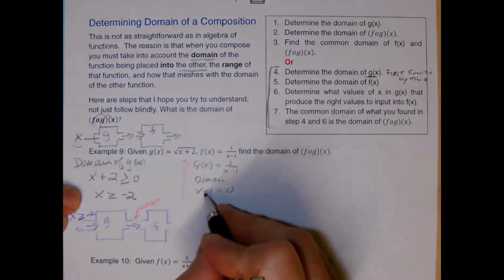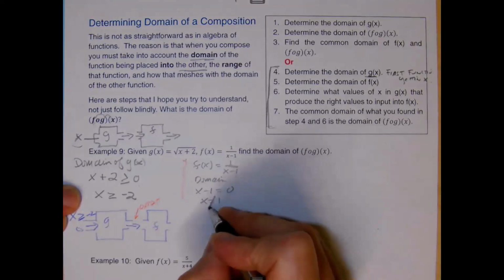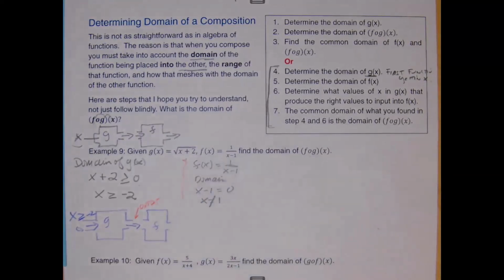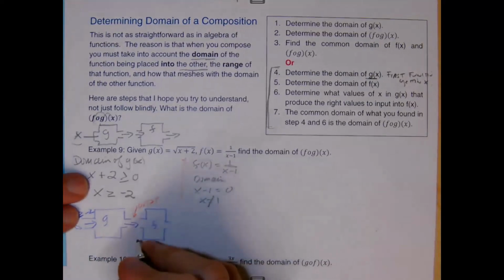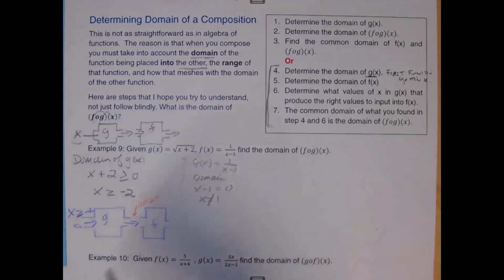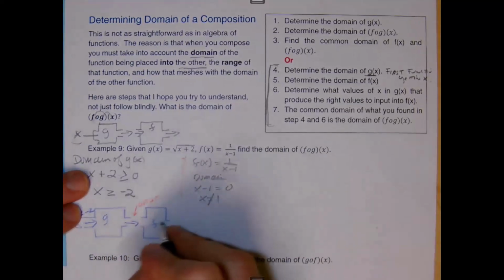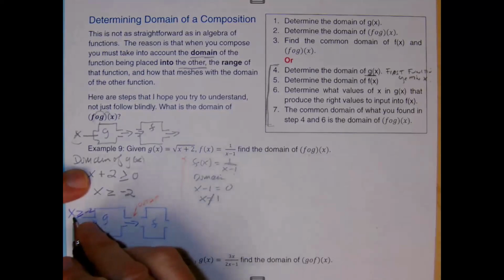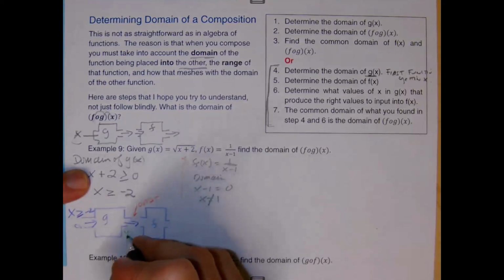When I solve x minus 1 equals 0, I get x equals 1. So x equals 1 cannot go in here. In other words, and this is where it gets a little iffy, I hate this part, we call the inputs always x. It might be confused with this x. I'm going to just call it y for a second to be a rebel.